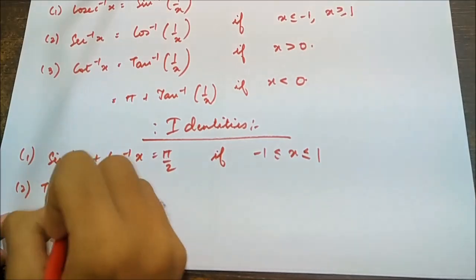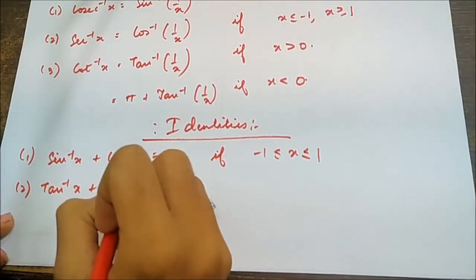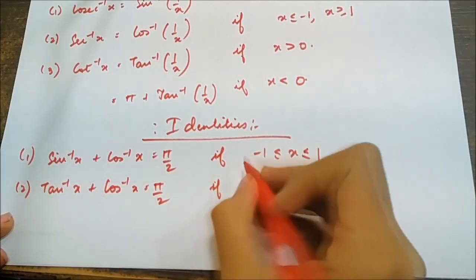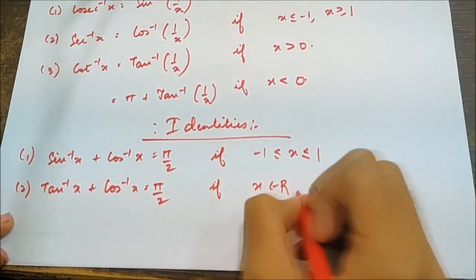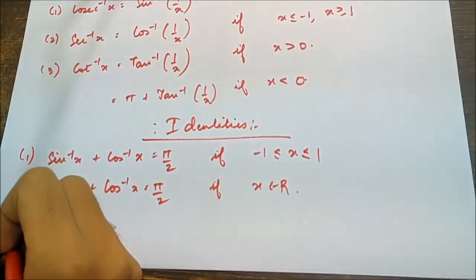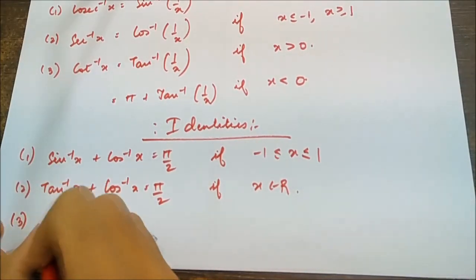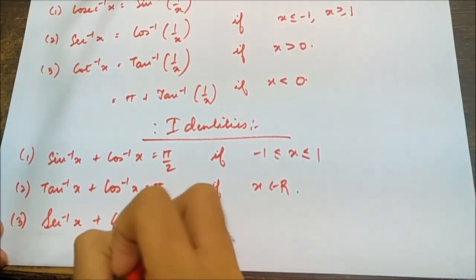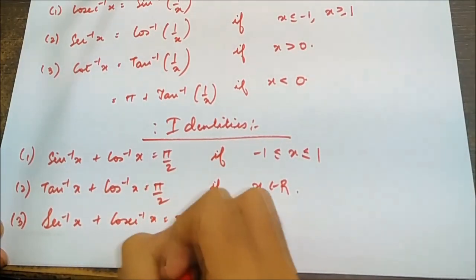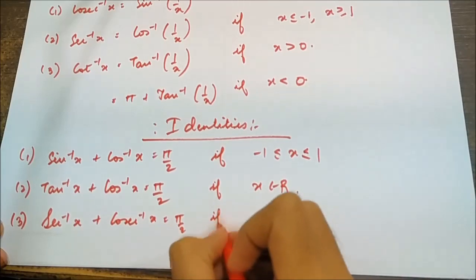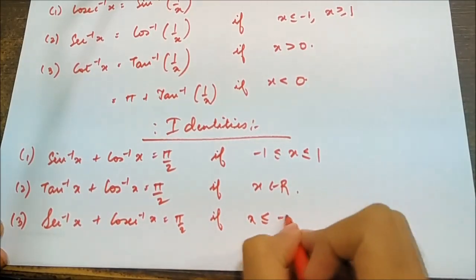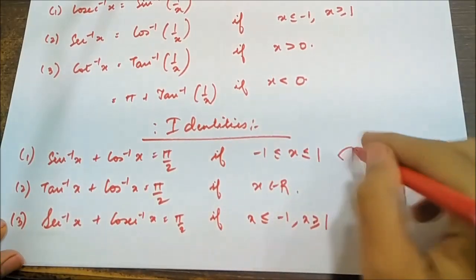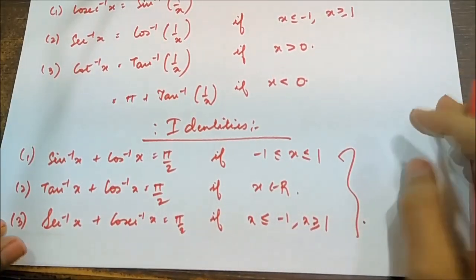Second is tan inverse x plus cot inverse x is equal to pi by 2 if x belongs to all real numbers. The third and the last identity is sec inverse x plus cosec inverse x is equal to pi by 2 if x is less than or equal to minus 1 and x is greater than or equal to 1. So these three are the identities that will help us in solving problems.